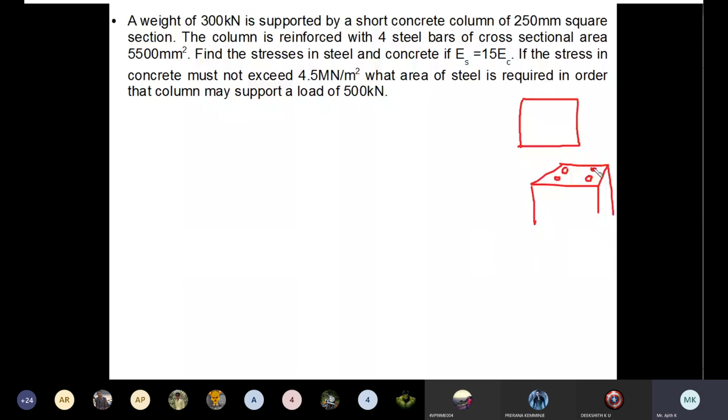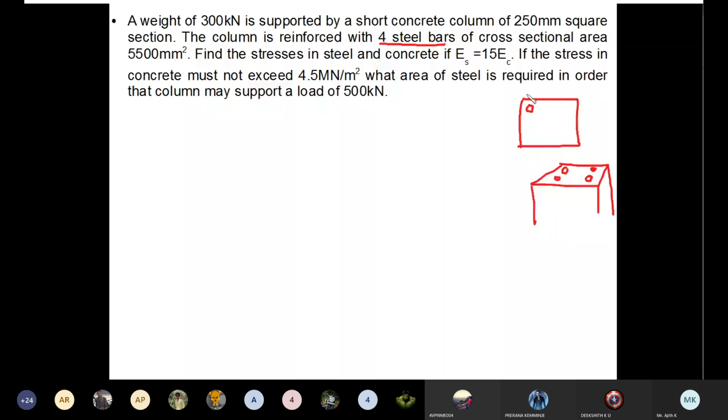Steel rods surrounding that concrete will be there. How many steel rods? There are 4 steel rods. We'll show in this top view: first, second, third and fourth. 4 steel rods.